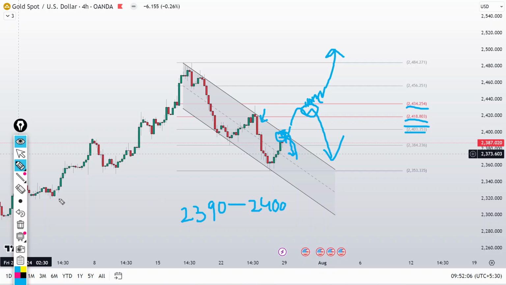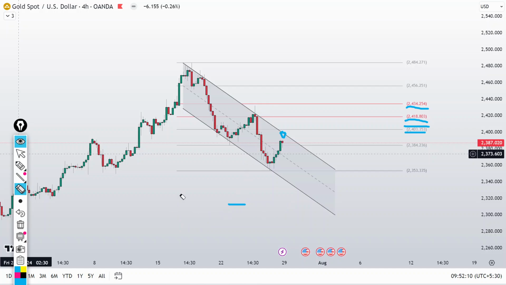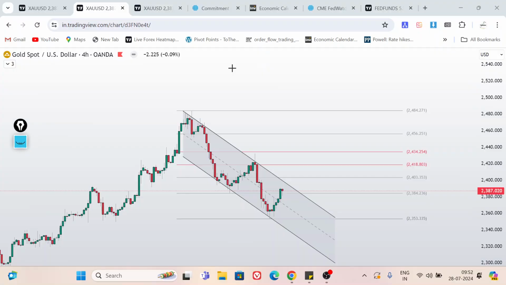So this is the scenario on the 4-hour time frame, and if we switch to the lower time frame, the 1-hour time frame, let me show you.